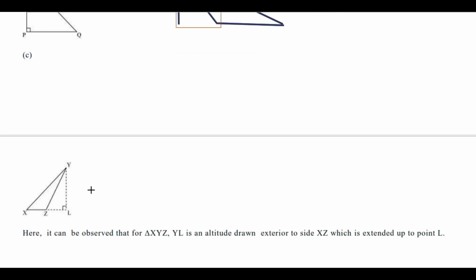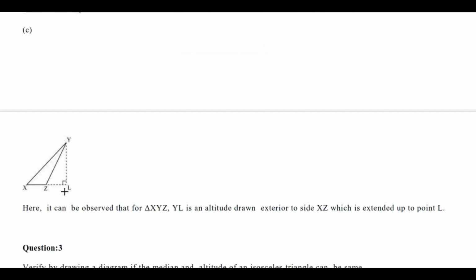After that, what you need to do? You have to draw an altitude from this side. So that is our solution. XYZ and YL is the altitude, an altitude whose line is exterior to the triangle XYZ. I hope you understood all these questions.